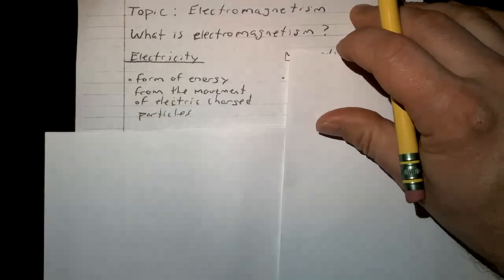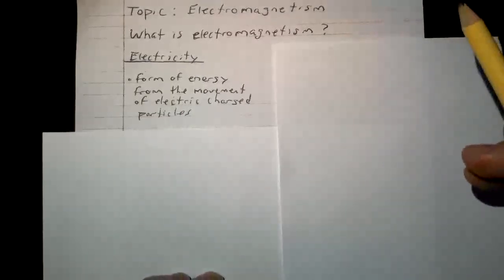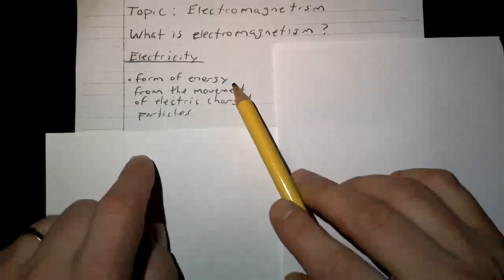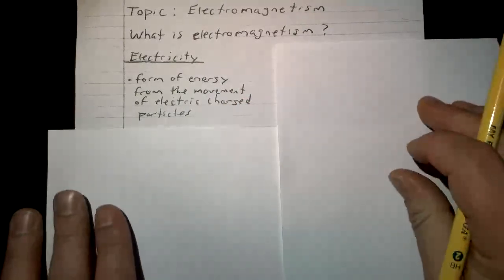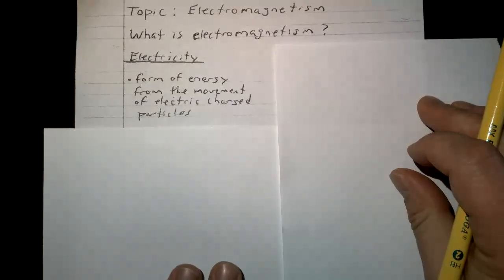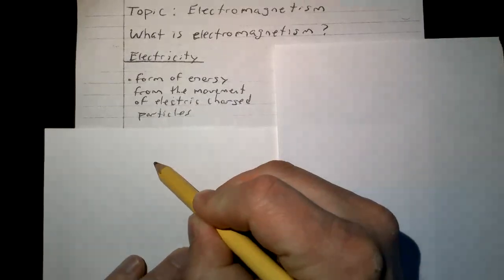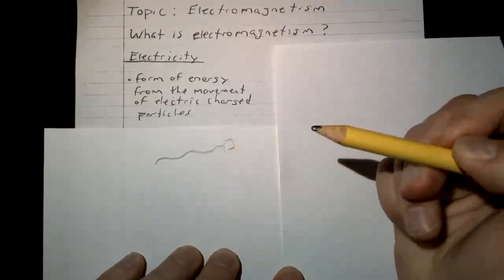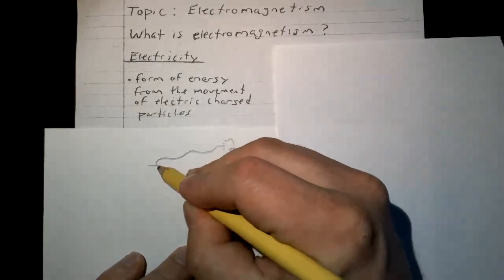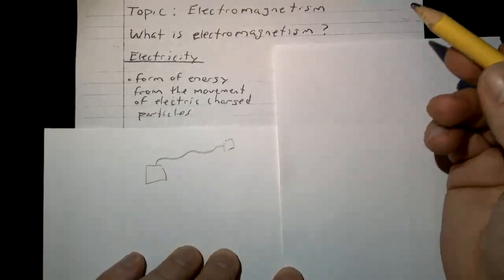So, electricity is really a form of energy. And that form of energy is a movement of electrons through, let's say, a wire. So you have a piece of wire, maybe the one to your phone charger, and then you have the plug here. It doesn't matter.